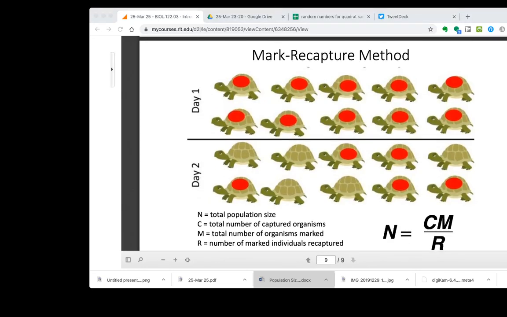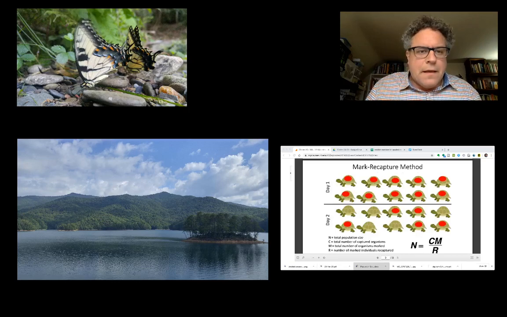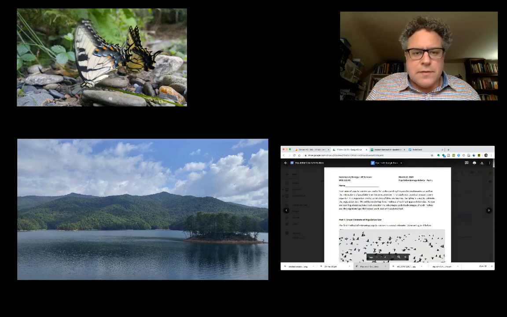So I just want to take a minute now to go back to talking about what this assignment is going to look like for you. One of the things that's really interesting to think about is, how do you figure out the size of a population?